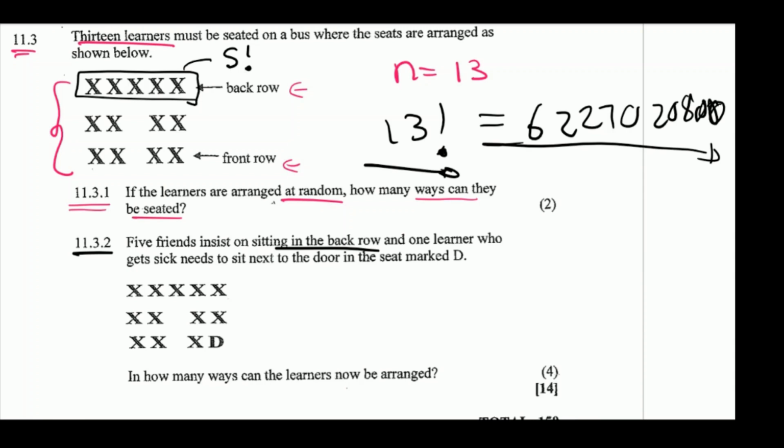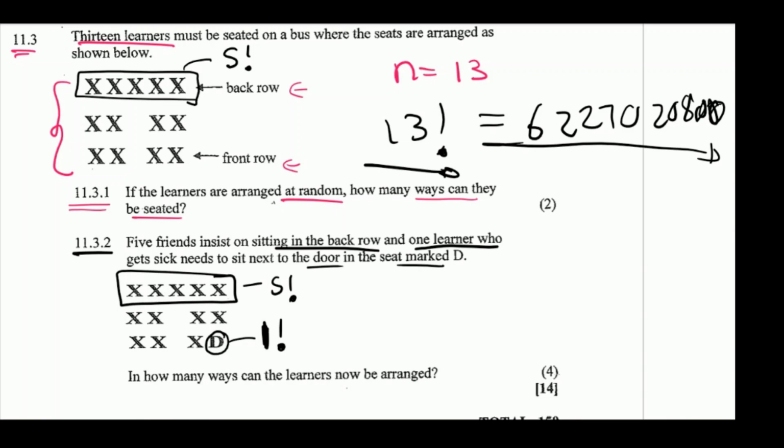And then one learner who gets sick needs to sit next to the door, which means this learner wants to sit alone, so we can simply say 1 factorial. So if I write it properly, the 5 friends sit at the back row, so it's going to be 5 factorial, and this one learner is going to be 1 factorial.